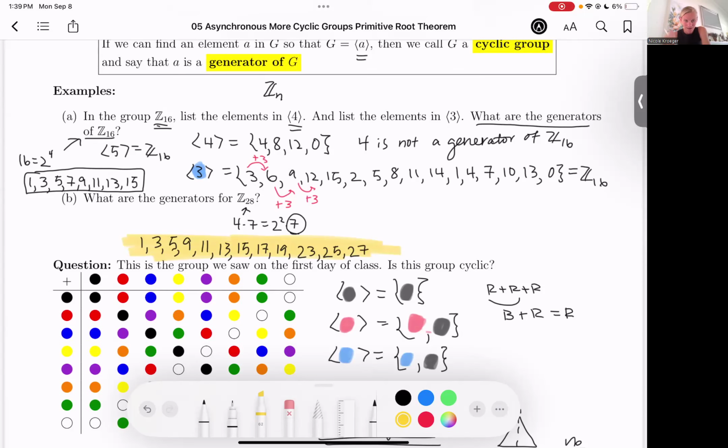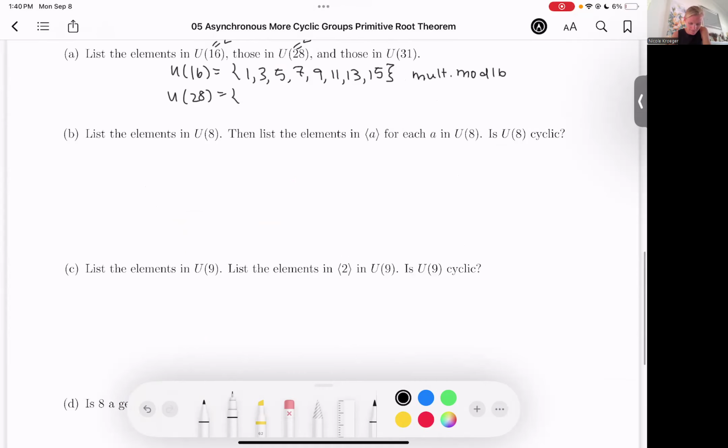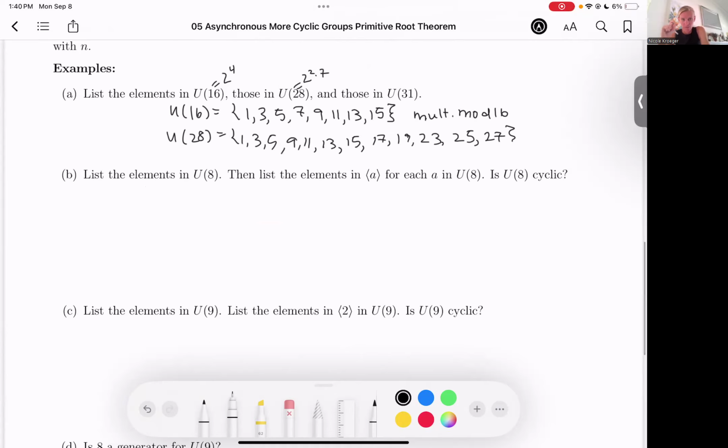That was 1, 3, 5, 9, 11, 13, 15, 17, 19, 23, 25, 27. Again, the group operation here is multiplication mod 28.